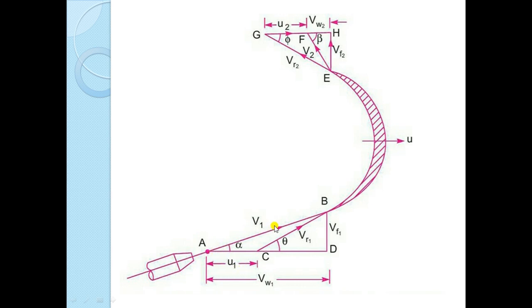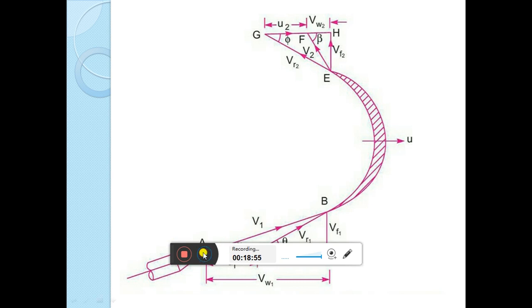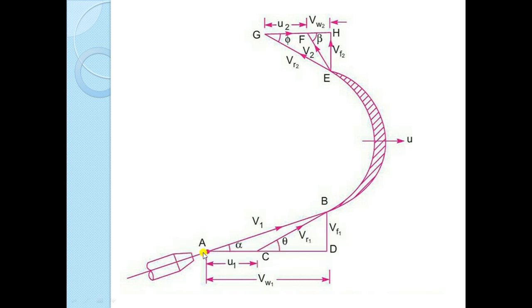Now, according to the triangle law, if two sides are represented by velocities which are vectors, the third side represents their resultant.